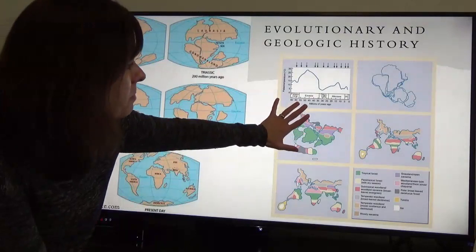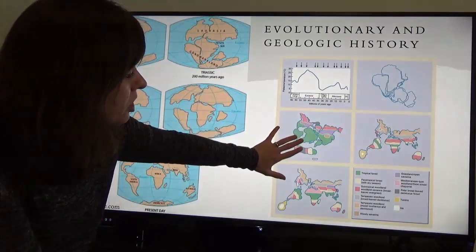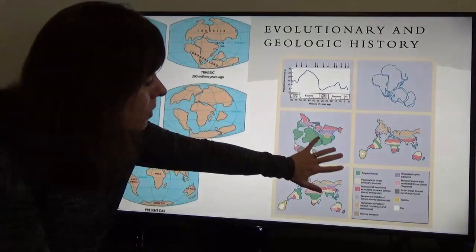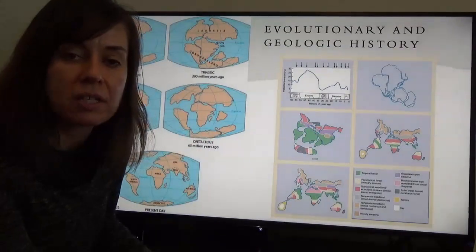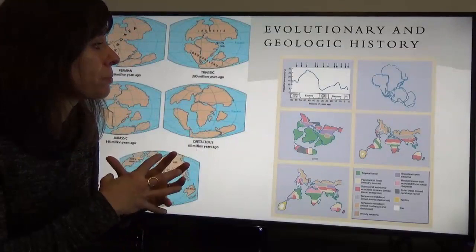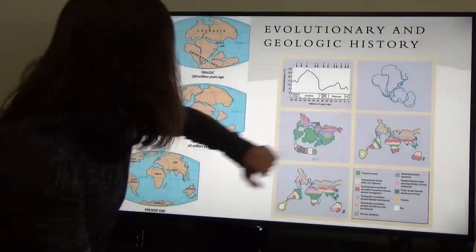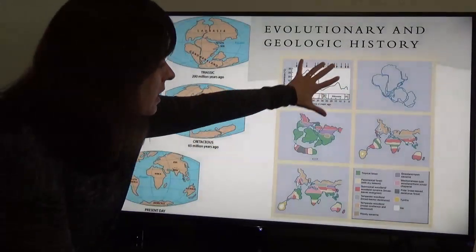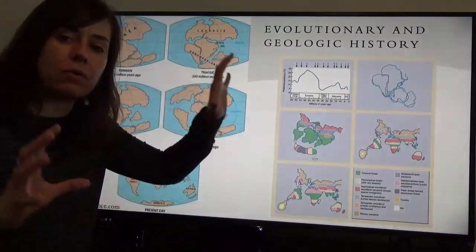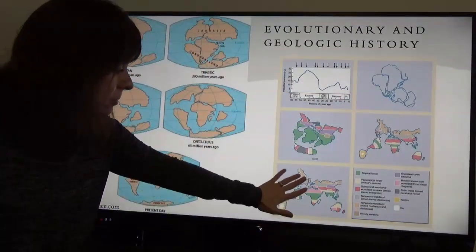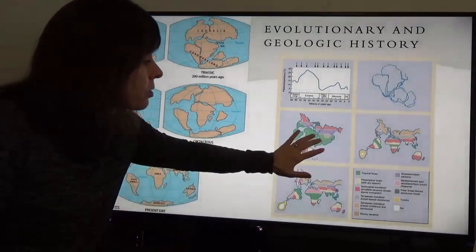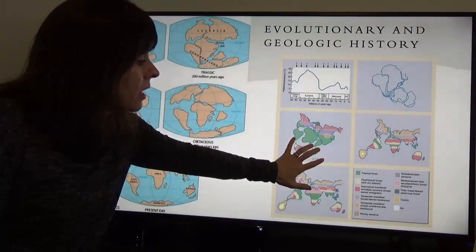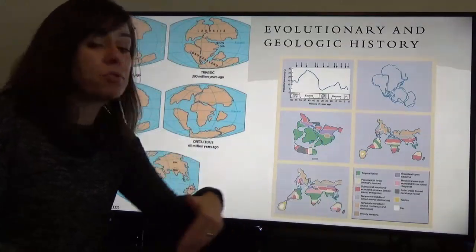Okay, and this map shows something similar but a little bit different. It shows how the distribution of biomes has changed as those plates moved around. Here again we have a supercontinent, and as those plates moved to something closer to their present day configuration, we see how those different biomes have changed through time.